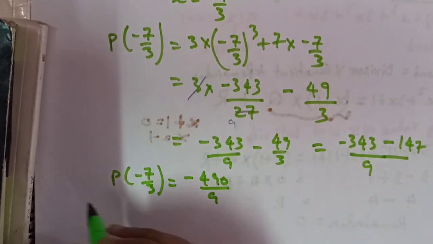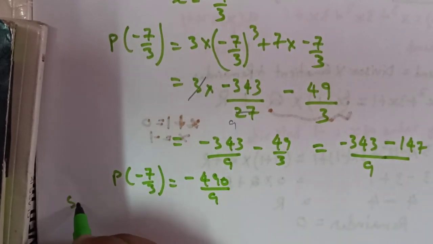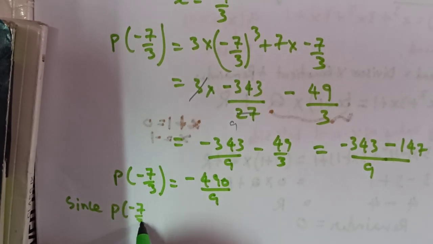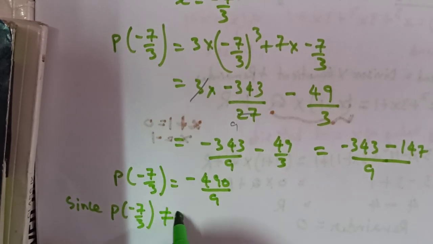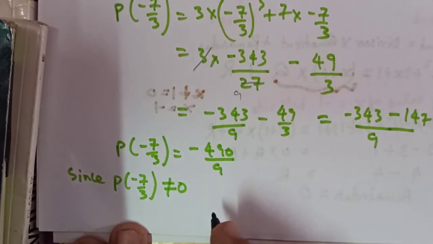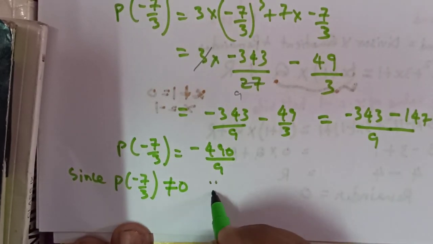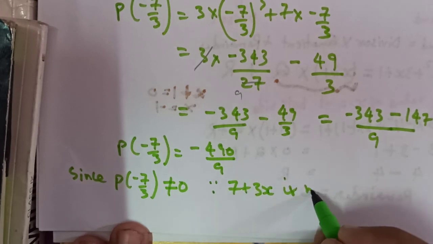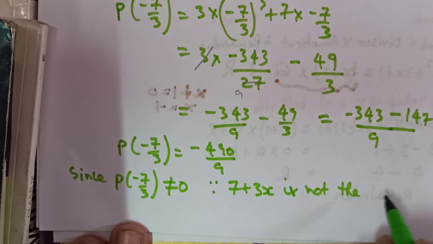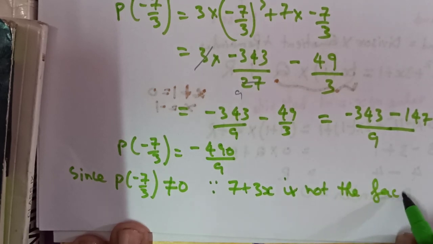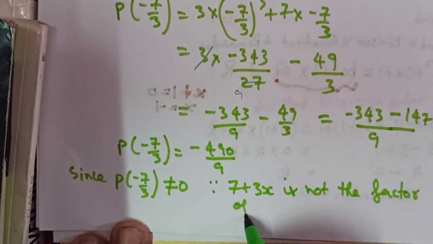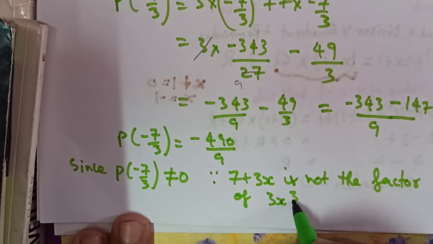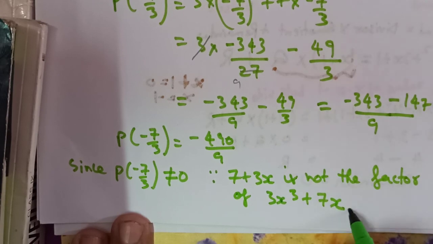So here we can clearly see that the value of p(minus 7 upon 3) is not equal to 0. So if it is not equal to 0, that means 7 plus 3x is not a factor of p(x), that is 3x cube plus 7x.